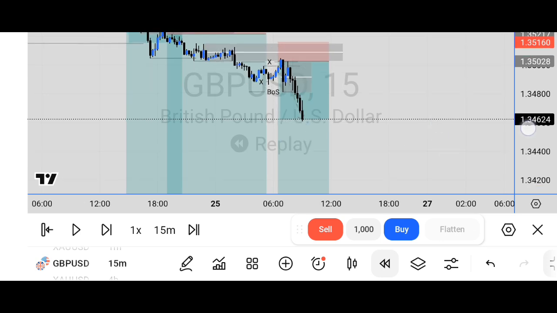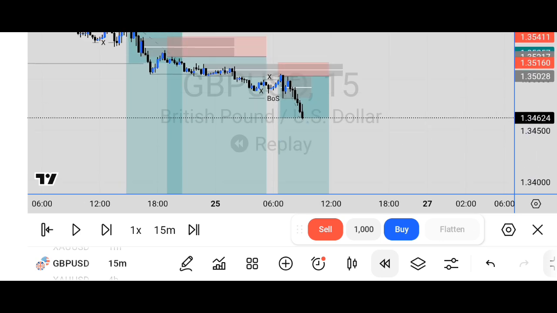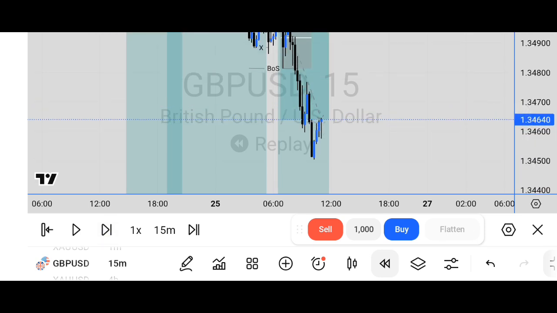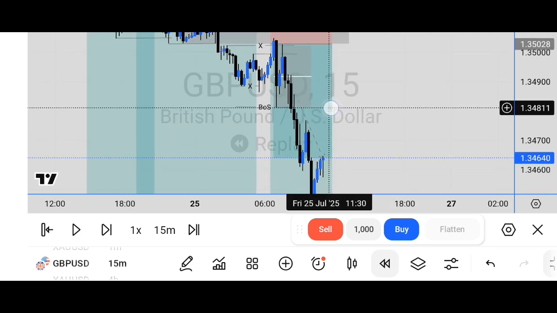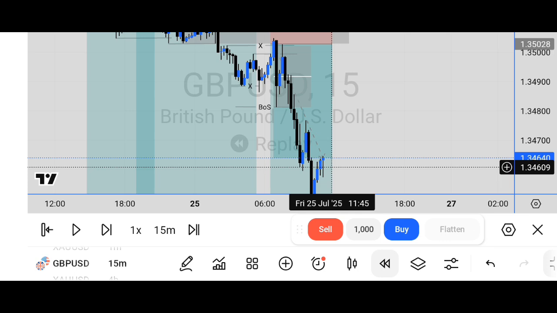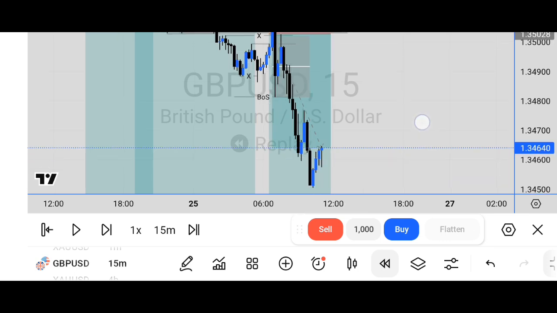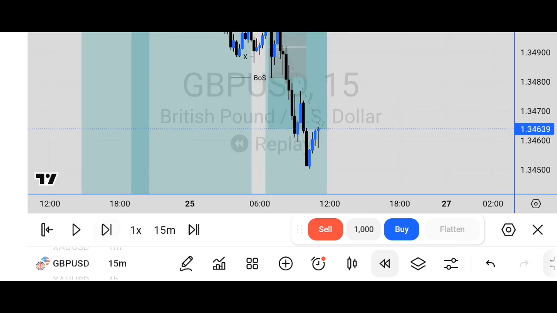So now let's play price forward. So right here, since price mitigated our order flow and dropped and created a new order flow, let's play price forward to see what is happening.